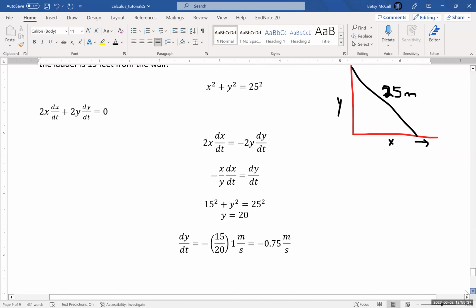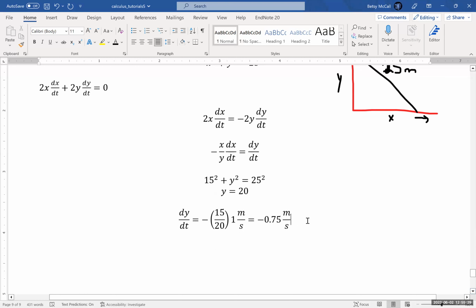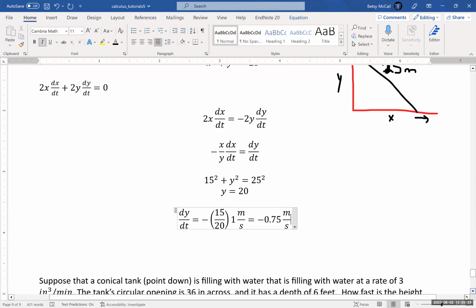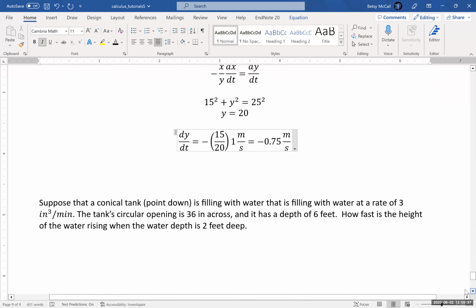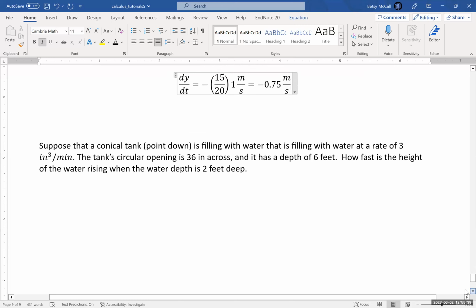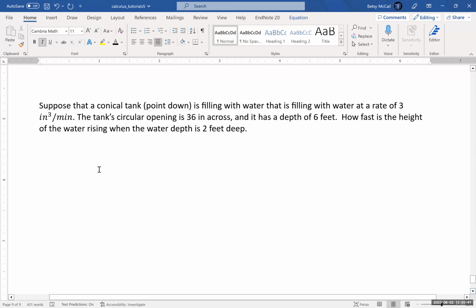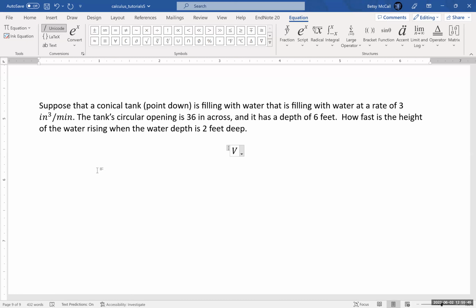All right, so that's our easier example. The second example that I want to look at involves a conical tank. The thing to keep in mind about a conical tank is that there is a formula for the volume of a cone. It is 1/3 pi r squared h.